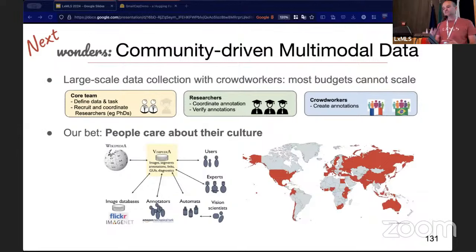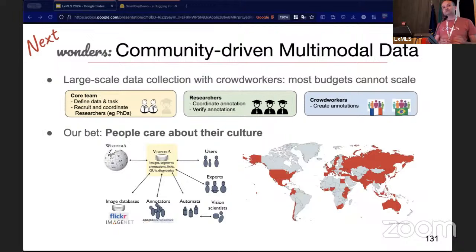And we're inspired by a project called Visipedia, which is a collective effort to collect images of the natural world. And it's a collaboration between people who want to take photographs and then domain experts and also annotators on the web and researchers and scientists coming together.